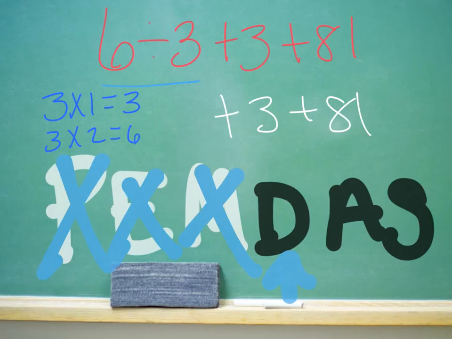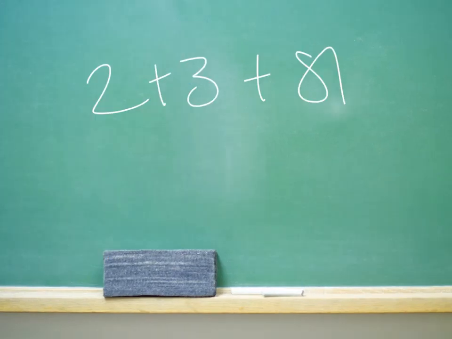So which number gets us to 6? 2. So we're going to have 2 plus 3 plus 81.